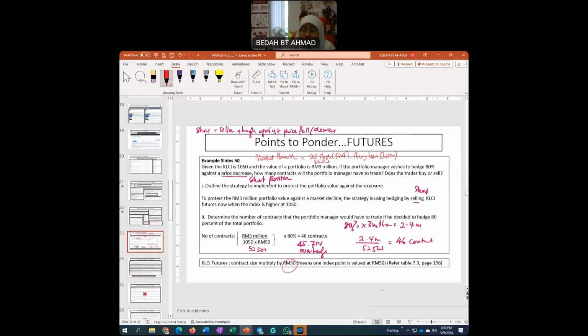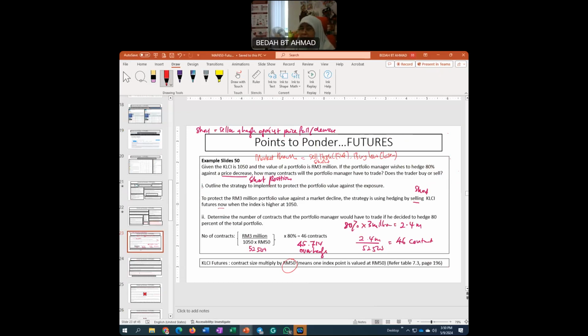To protect the 3 million portfolio value against the market decline, the strategy is hedging by selling or shorting KLCI futures now when the index is higher at 1050. Determine the number of contracts that the portfolio manager will have to trade if he decides to hedge 80%. So 80% of 3 million means 2.4 million.